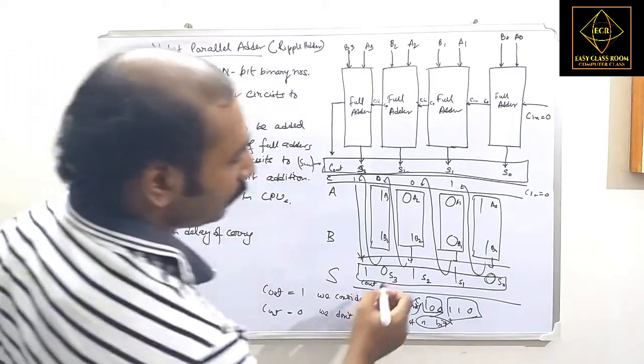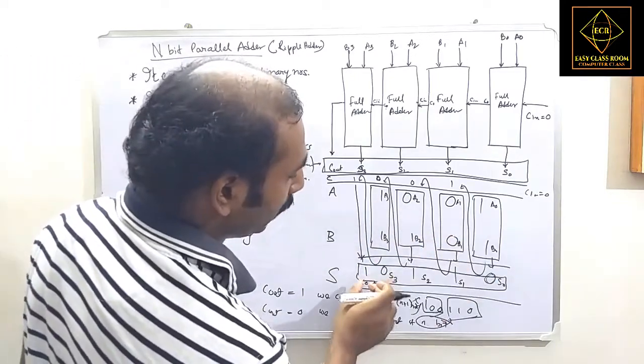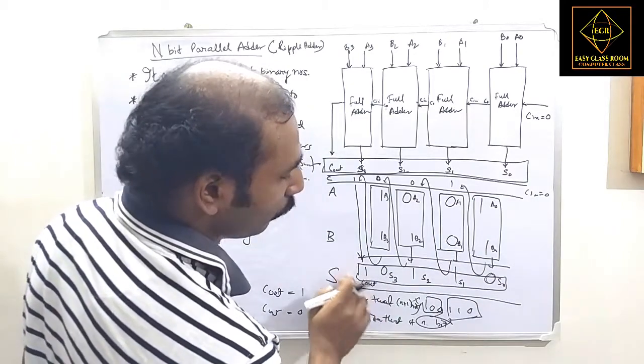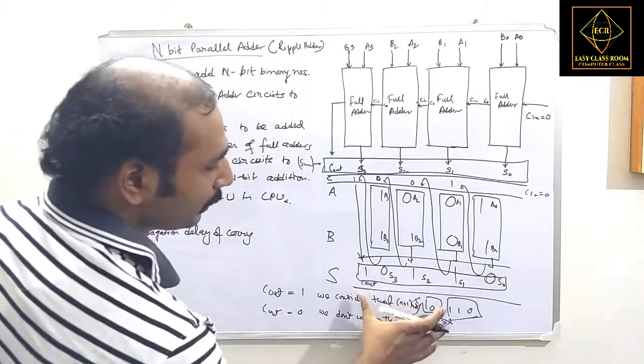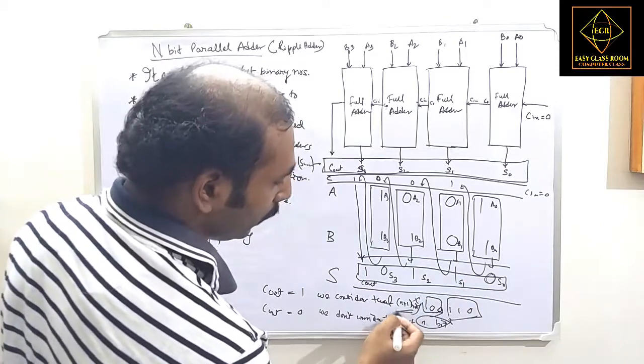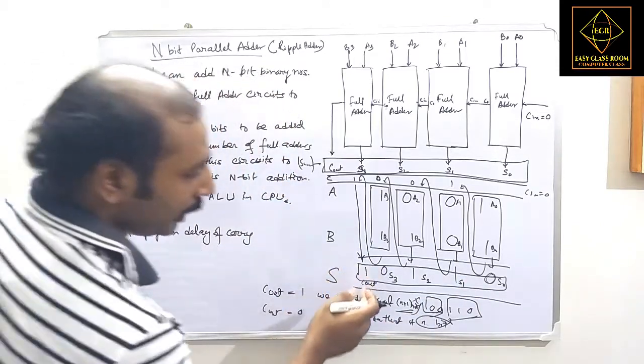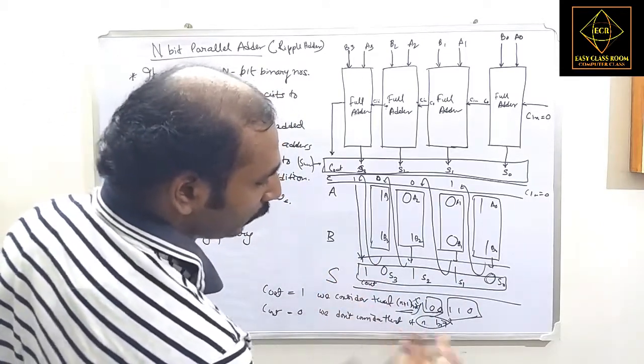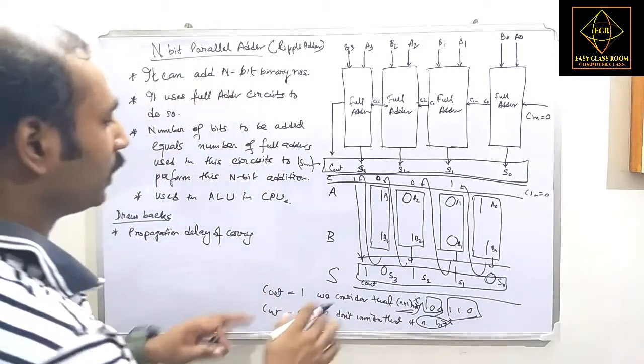Why? Because we have 4 bits, and if Cout is 1, then we have an extra bit added to the sum. That's why it is n plus 1 bits. And if it is 0, we will not take it into account, so n bits will be the sum. This is the whole thing.